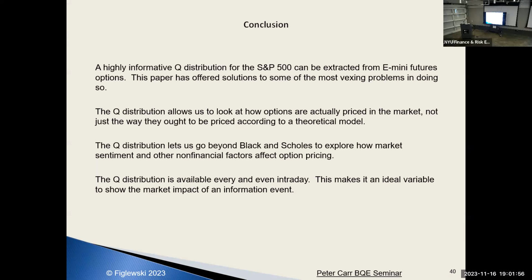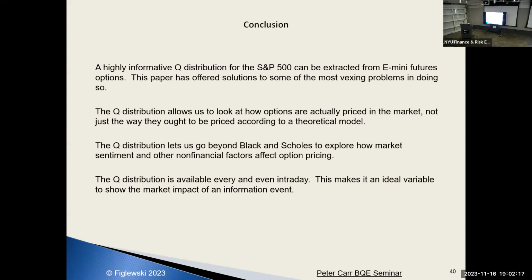And the thing about the Q distribution is it tells us how the market is really pricing things, not just how highly rational economists who can solve partial differential equations in their head and so forth, how they would price things.